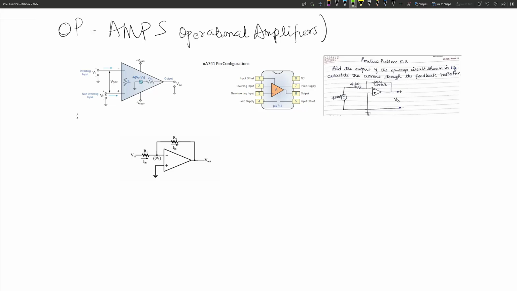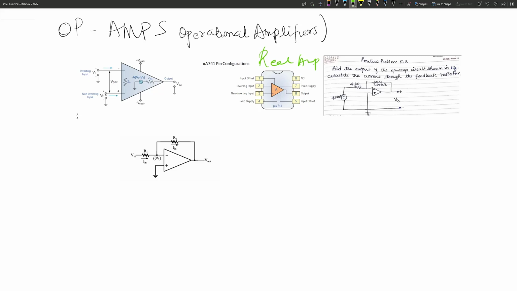The offset is basically the input offset, the value that you have to add so that it gets to 0 for real operational amplifiers. Some values you have to add before you try to amplify some signals, so that it won't get affected.